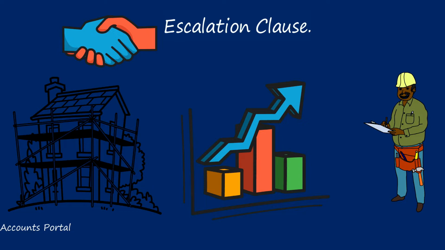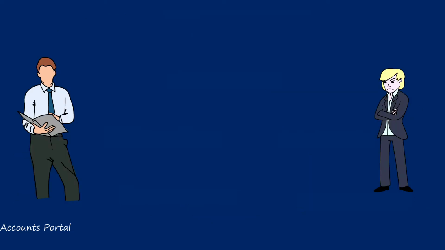Now, the item of cost to which the escalation clause is applicable has to be mentioned in the contract. Let us see a general example of an escalation clause. Suppose a contractor says that if the price of cement exceeds rupees 400 per bag, up to 400 per bag I am ready to bear the cost.